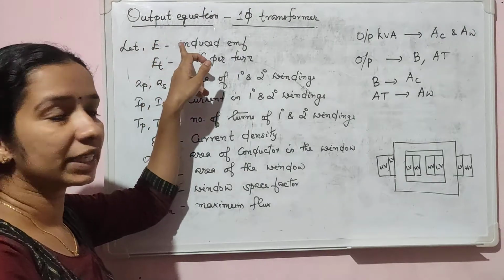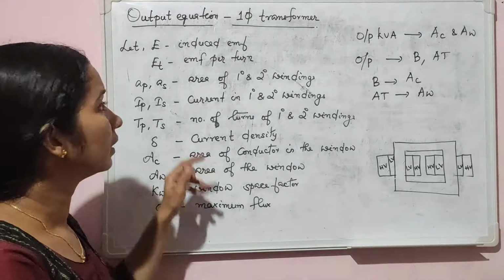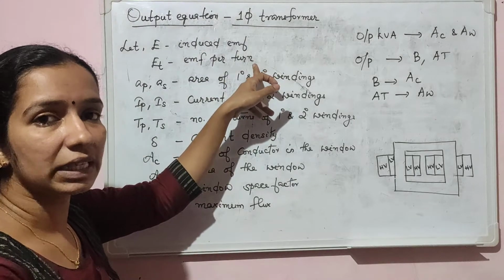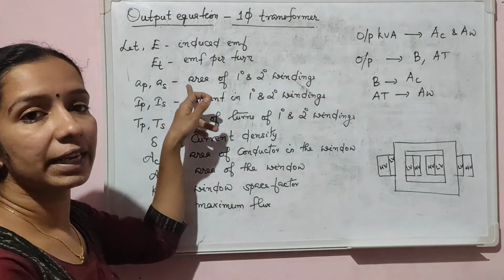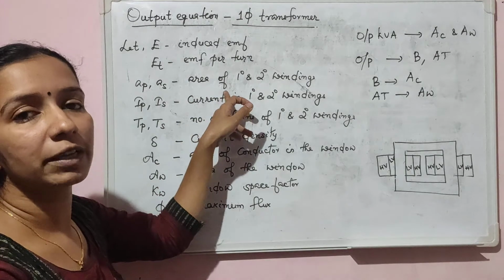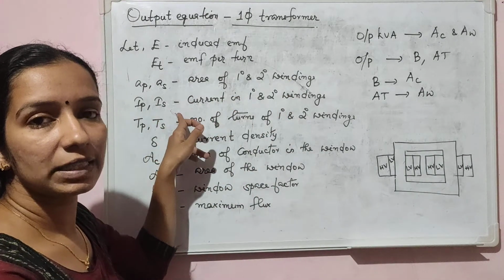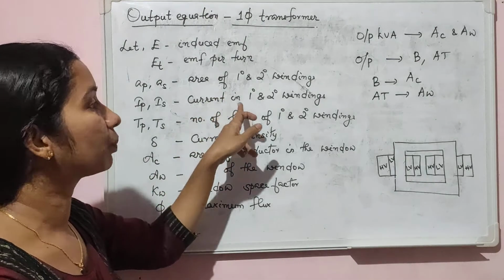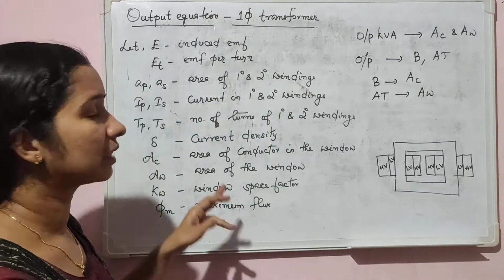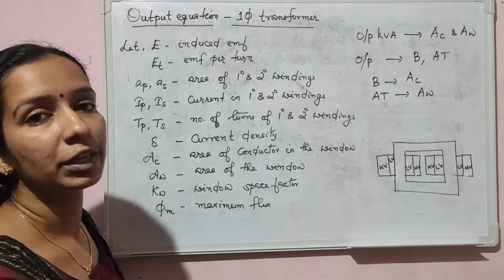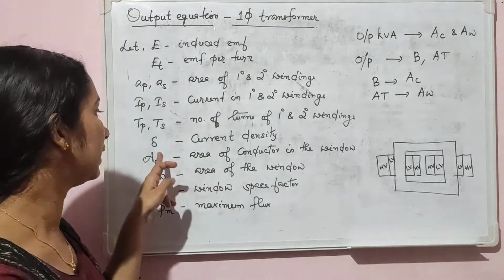So let E be the induced EMF in the winding. ET is the EMF per turn, EMF induced in a single turn. AP and AS denote area of primary as well as secondary windings. IP and IS are the current flowing through primary and secondary windings. TP and TS are the number of turns in primary and secondary windings respectively.